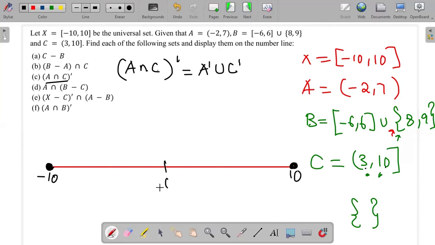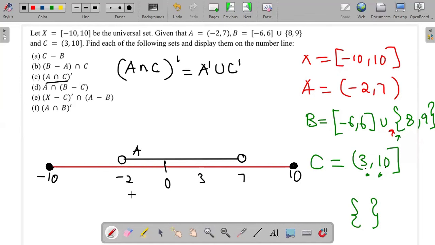I'll put 0 somewhere there. My A is -2 to 7, and my C is 3 to 10. So my A starts at -2 all the way to 7 like that. Here we have a curved bracket, so we put an open circle, and at 7 we also have a curved bracket, so we put an open circle like that.